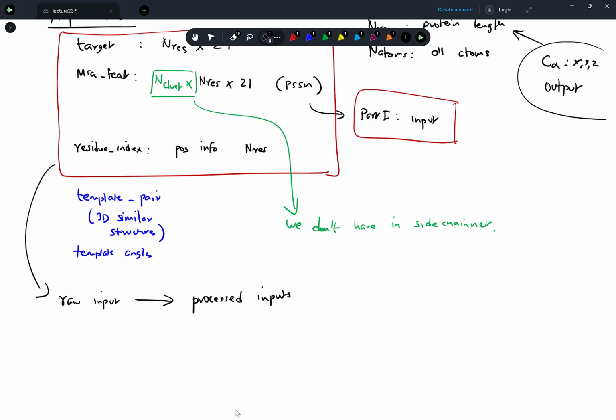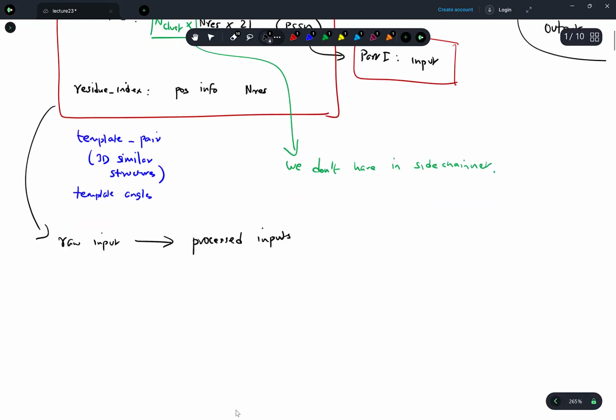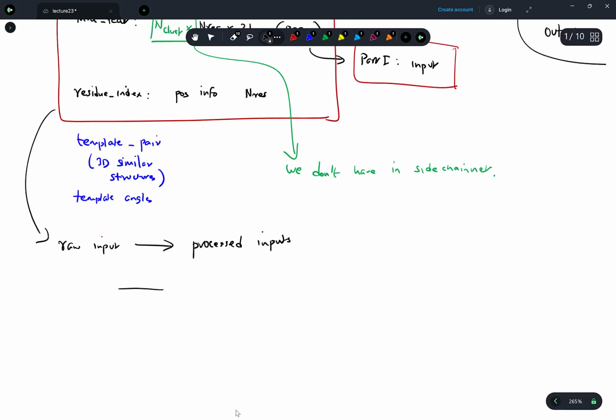So what do we do? The first thing is the target information. You take the target, which is just nres by 21, and you just do a linear projection.